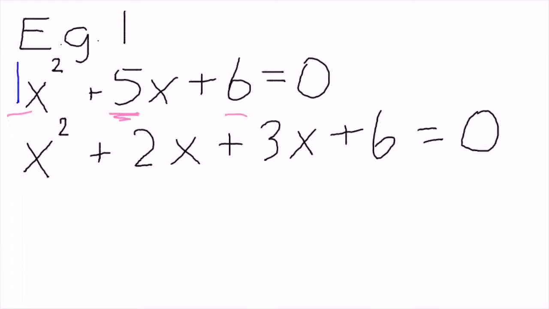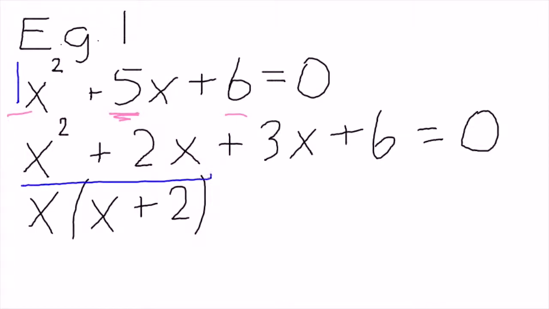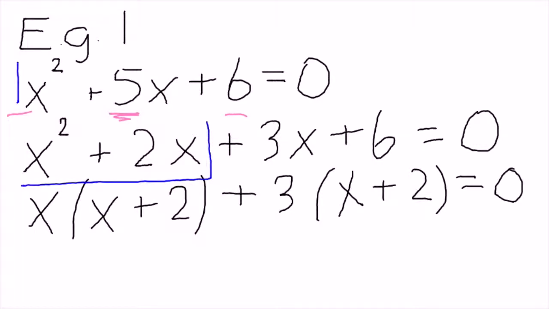Now we can simplify the equation and get x times (x plus 2), as x is the highest common factor between these two terms, plus 3 times (x plus 2), which equals 0, as 3 is the highest common factor between these two terms.